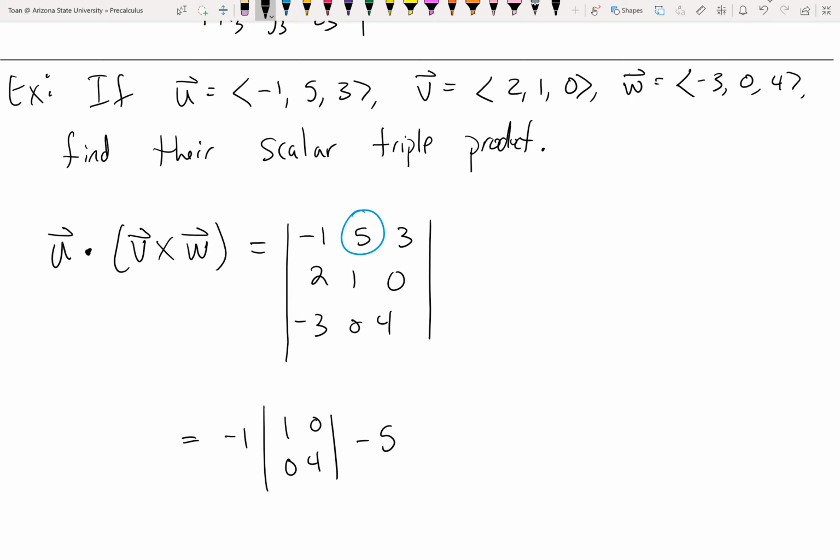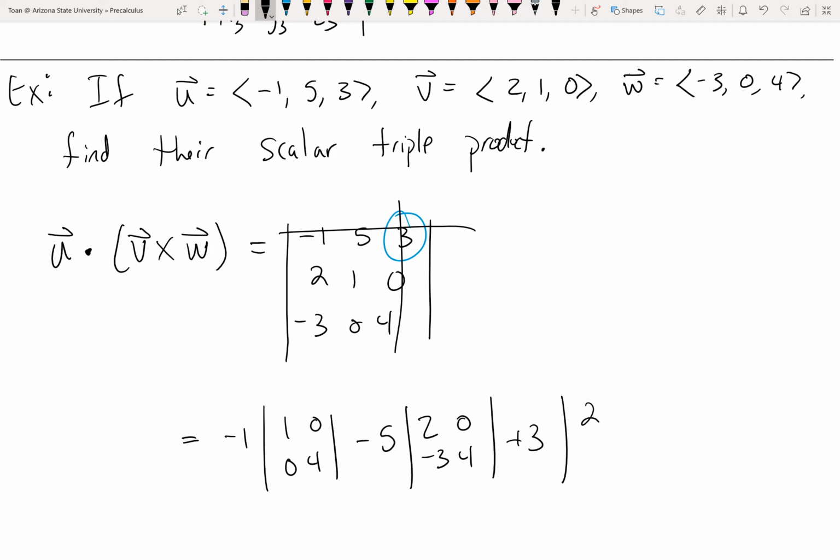If that number was negative, it'd be a minus negative, which turns into a plus. Then we have 2, 0, -3, 4. It's always going to be plus this number. And then we have 2, 1, -3, 0.